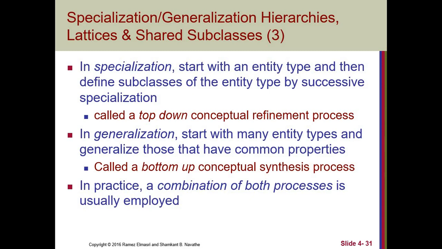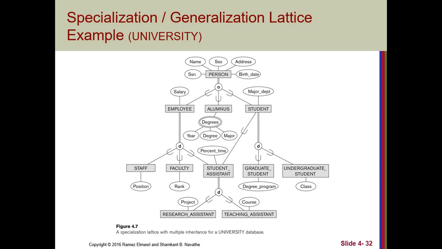A database can feature both specialization and generalization, and often does, to meet all the needs associated with its input. Notice how employee and student can be defined in a variety of ways. Staff, faculty, student assistant, graduate student, undergraduate student.